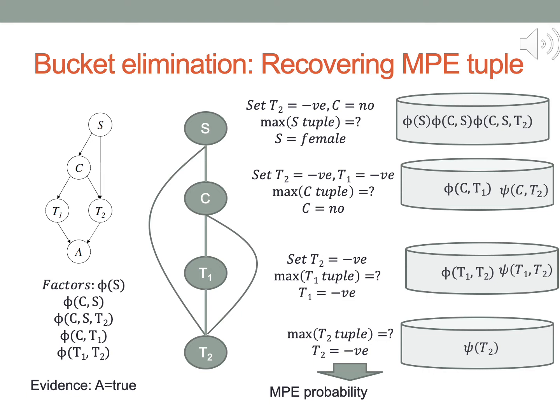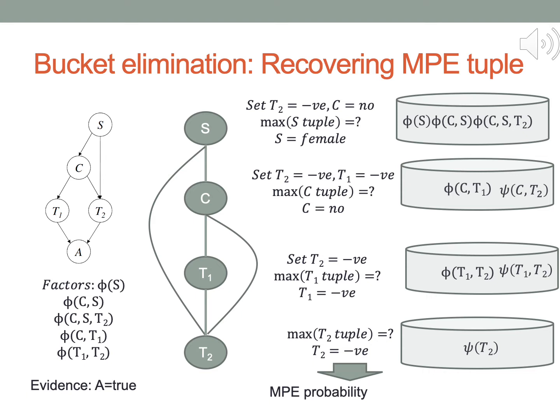So in summary, to compute the MPE probability or the optimal value of the objective function, we run the bucket elimination algorithm along the elimination order. In the slide, we run the algorithm from top to bottom in order to compute the MPE probability.